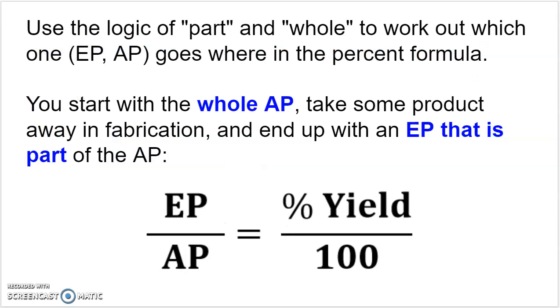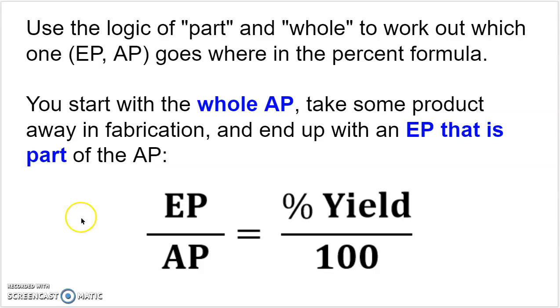Using the logic of part and whole, the reason I want you to do that is that you don't have to memorize the formula, because if you try to memorize the formula, you might get these in the wrong order. But think about the fact that percents are always parts out of whole things. That helps you remember that it's part over whole in the formula.